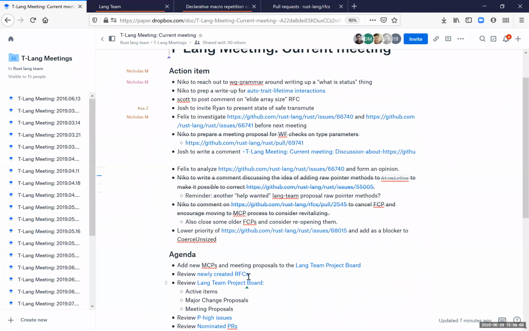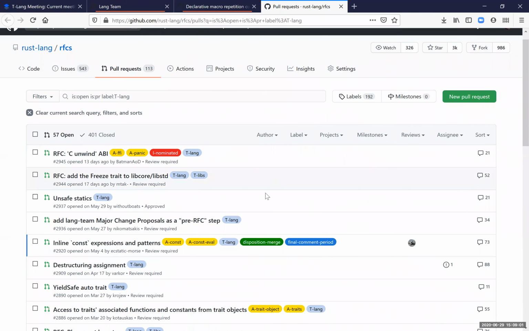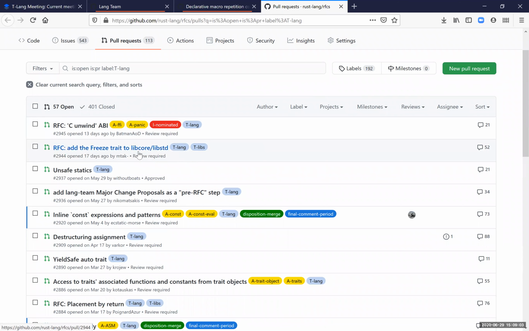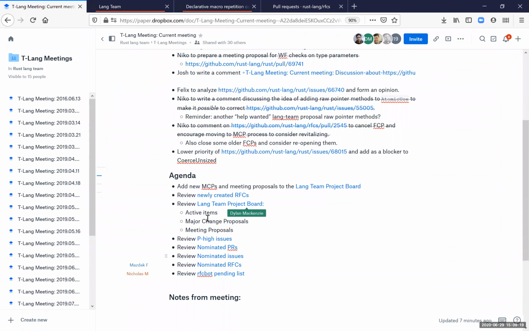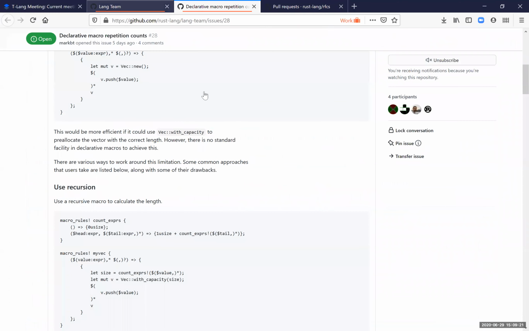Before I go into active projects, in terms of newly created RFCs, this is the list of RFCs. I'm trying to stay on top of some of these. I guess there's nothing too new. There's this freeze trait, which I just noticed, but nothing tagged T-lang. So let's look at the active items then.